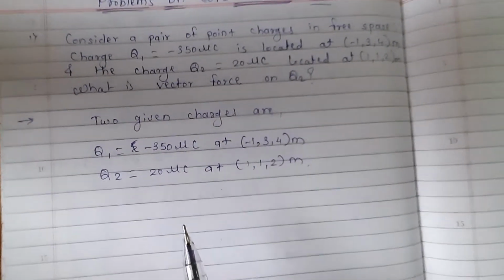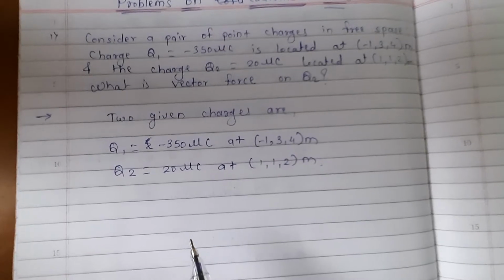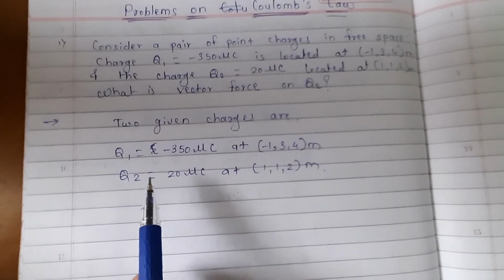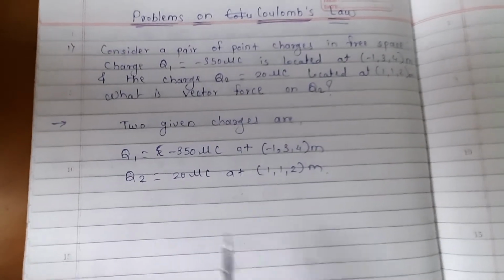Here we will consider one vector, r12 bar, which is drawn from charge q1 to q2.